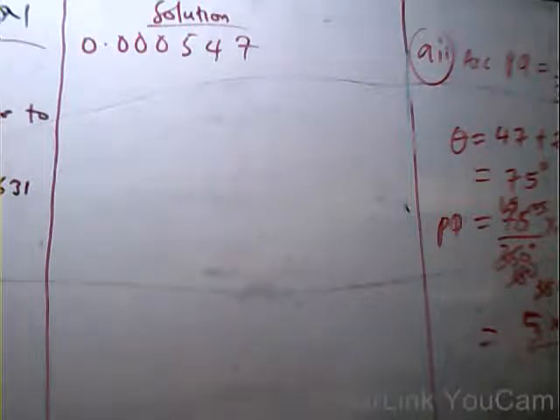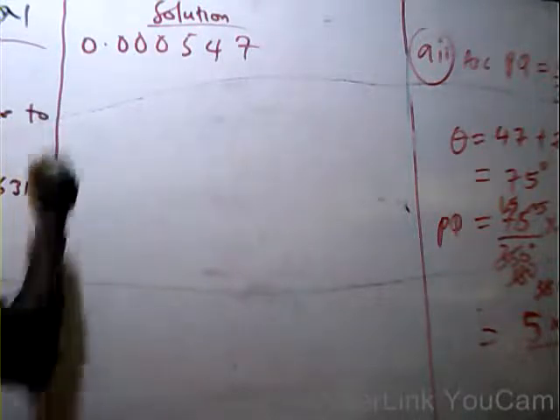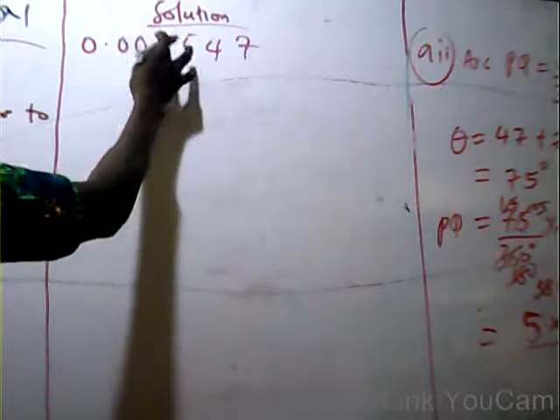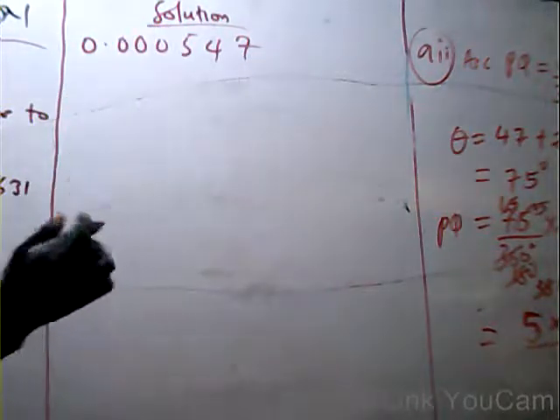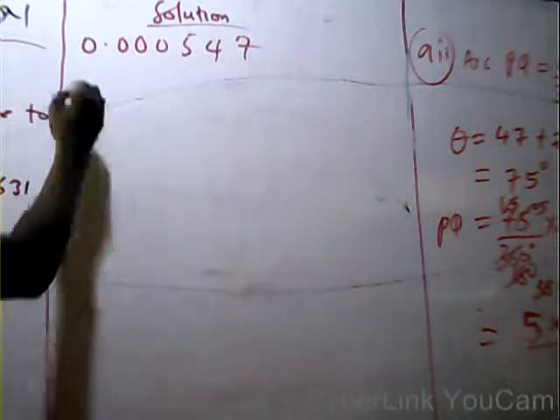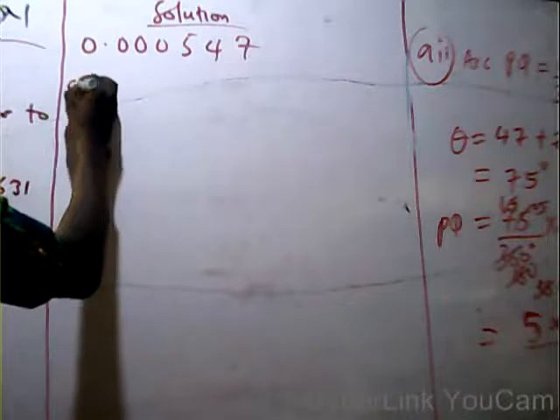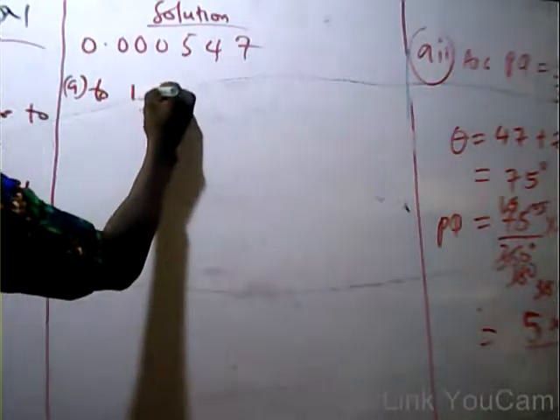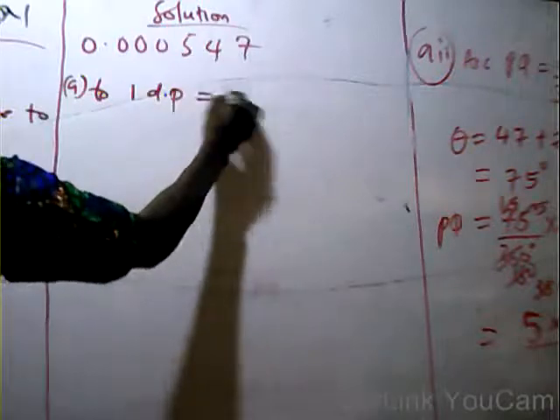Why do I choose this kind of question? The first thing is, how many digits do we have here? Let's consider from 1 decimal place, maybe to 5 decimal places. The first one, to 1 decimal place.